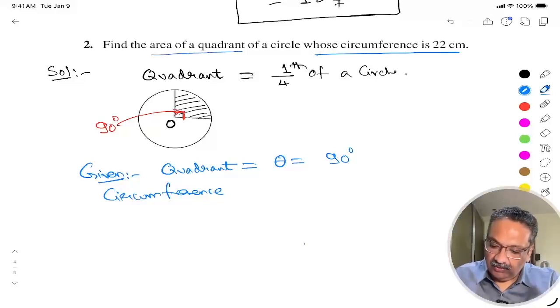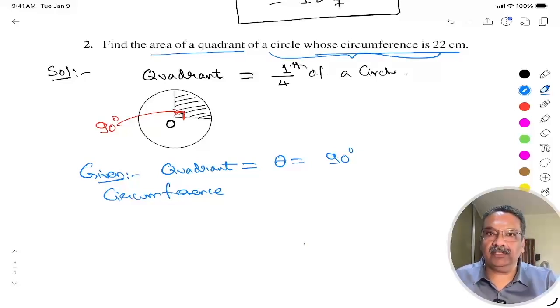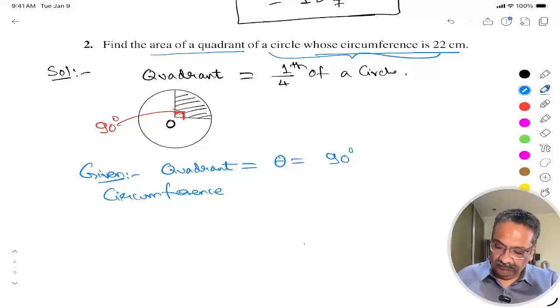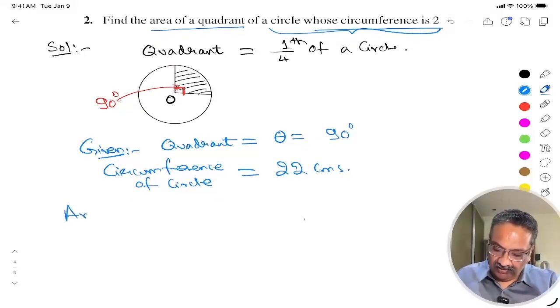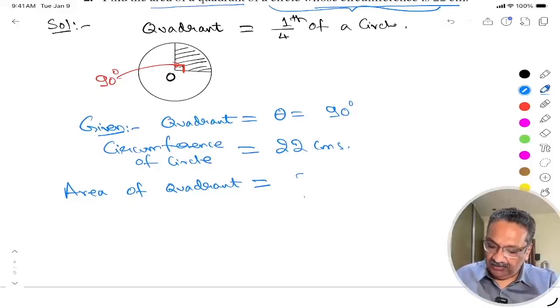Now what have they asked us to find? Area of the quadrant. Now what is the formula?